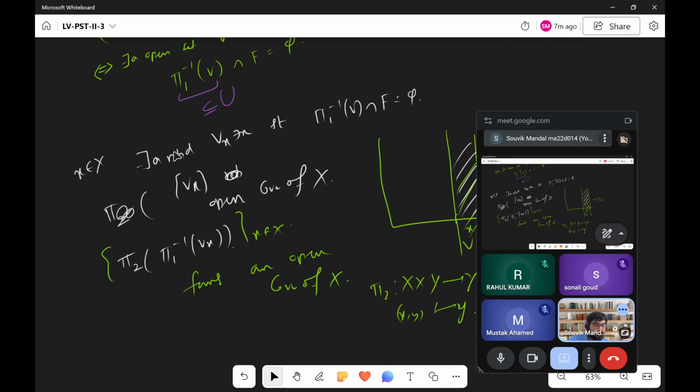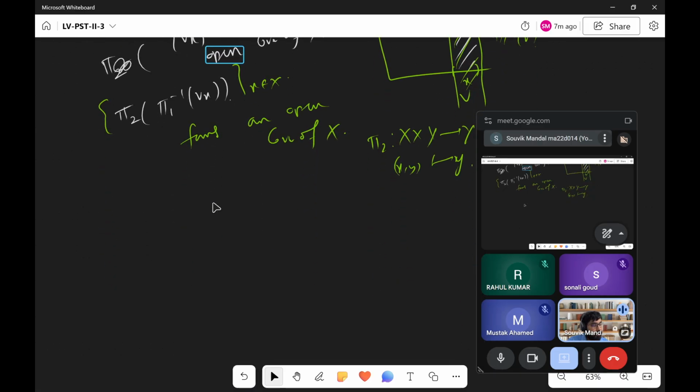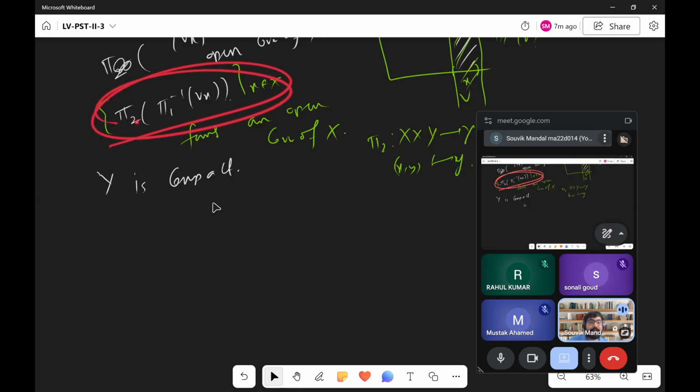Clear, sir. Okay. So in that case, now given Y is compact, correct? It is given. That means this open cover has a finite subcover.